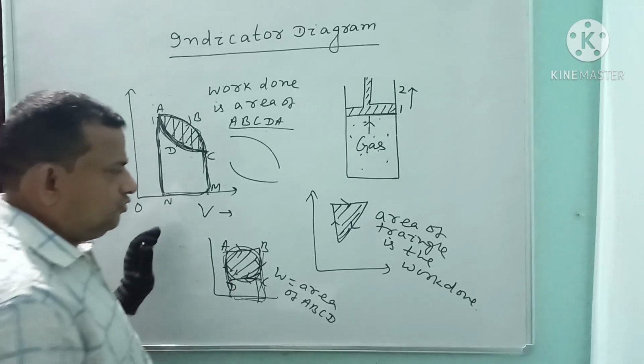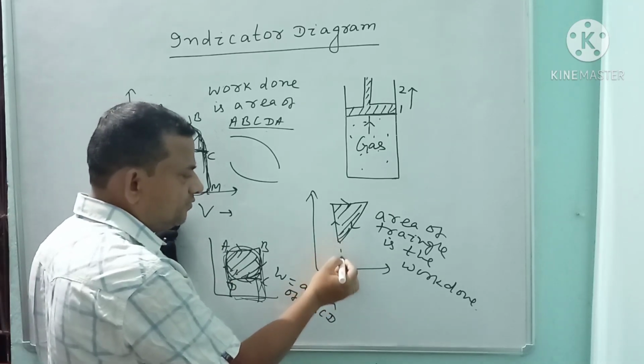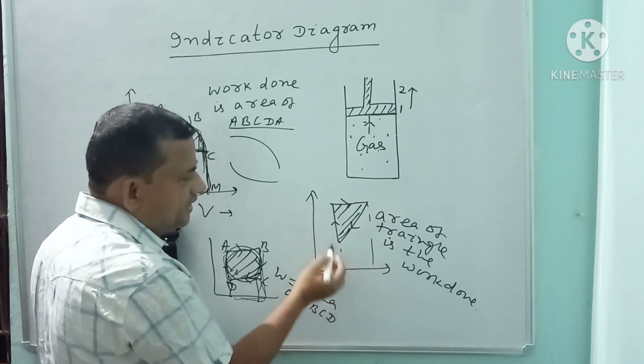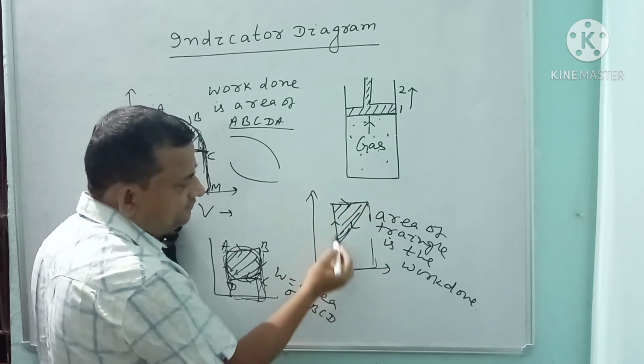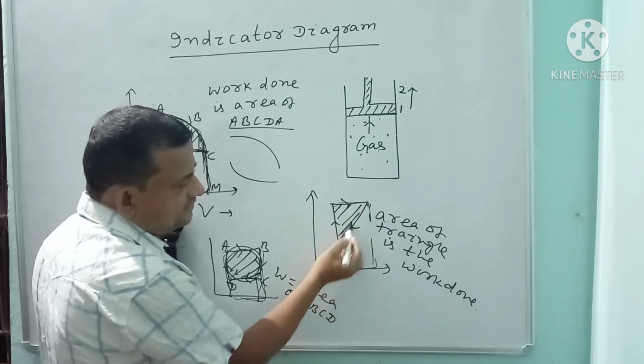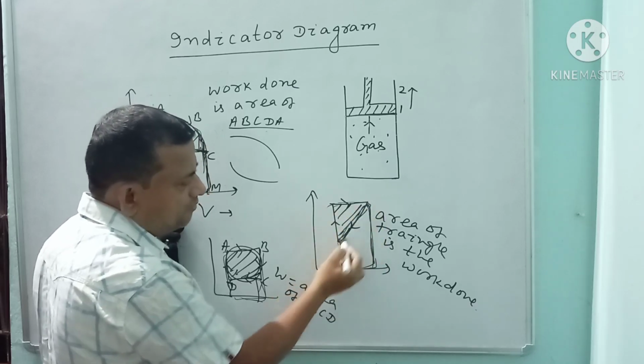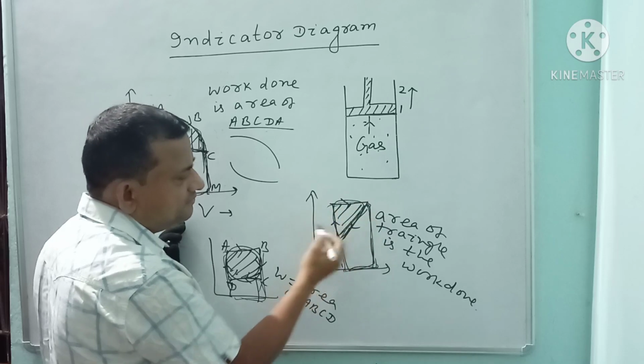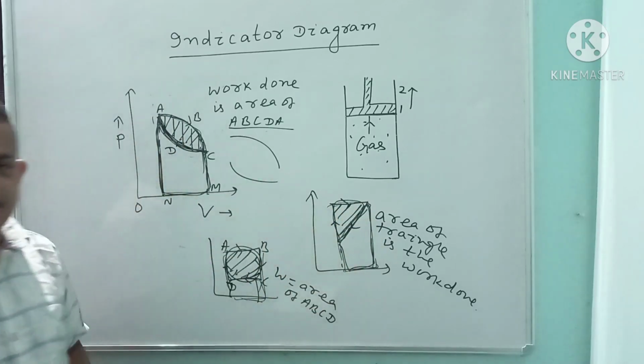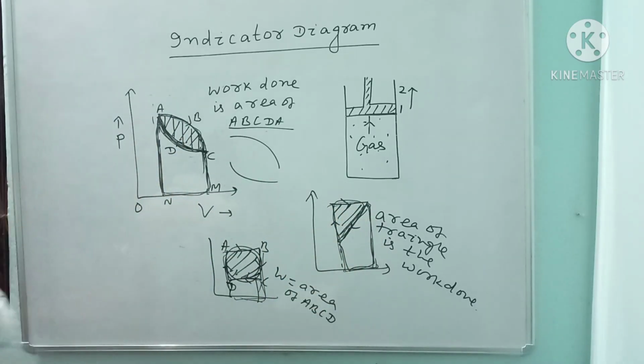In this case also, you see. You take this big area. Now you take this area. If from the big area you subtract this, you will get this one. The same result will be obtained. If you take the individual ones, the area of this, the area of that, then you subtract, then you will get the same answer.